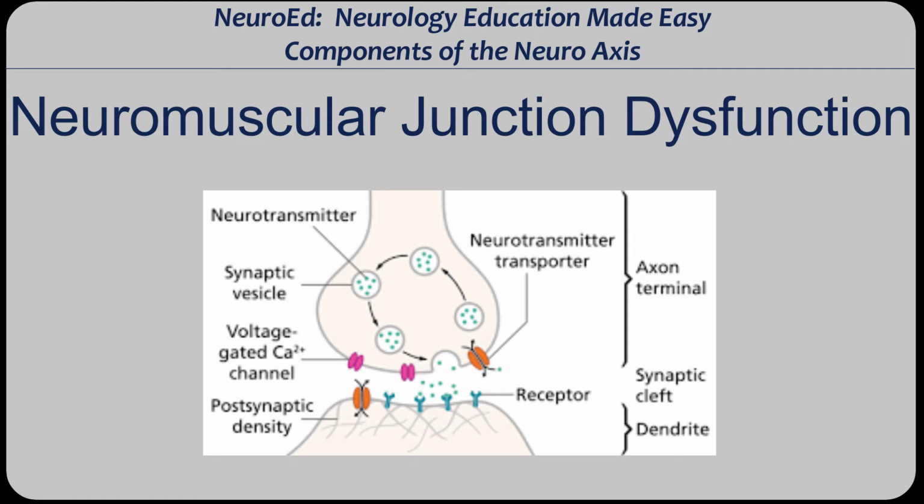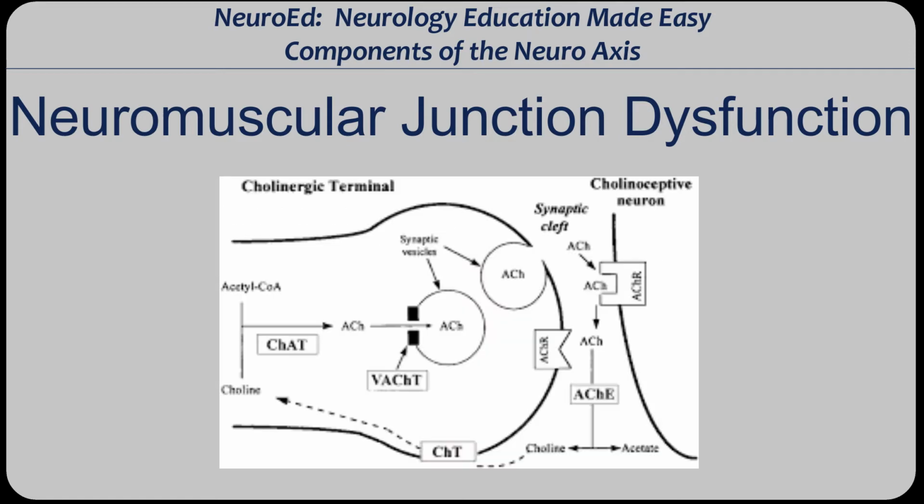Now, once that signal has been passed on to the muscle, the acetylcholine has to be released from the receptor. It is not taken into the muscle. It does not just kind of float away, but rather it is broken down within the synapse. How is it broken down, guys? It is broken down with the chemical acetylcholinesterase.